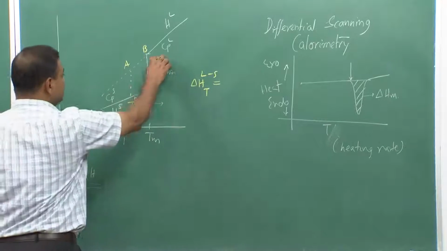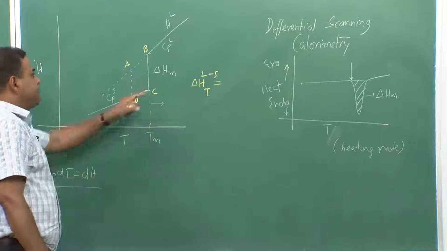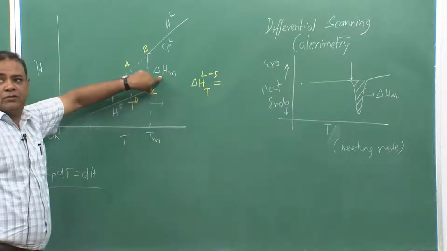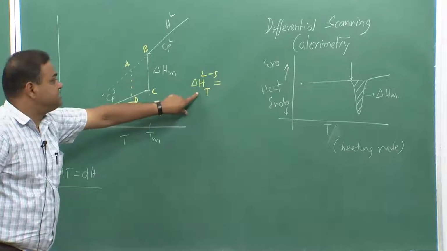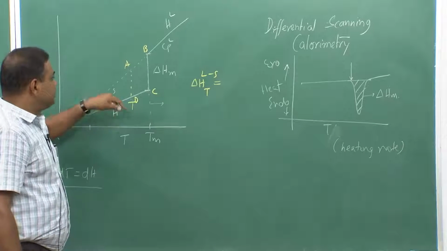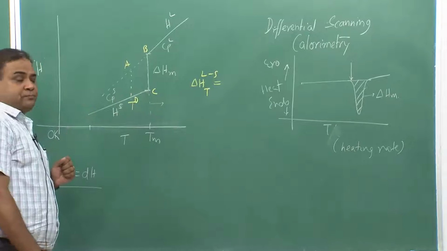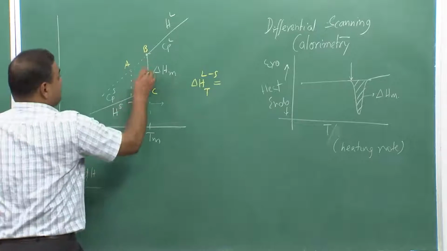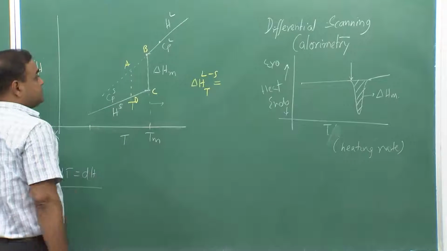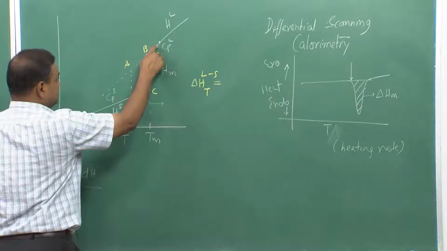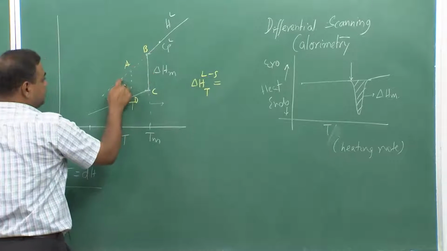Fine. So, this is a DSC graph, we can easily calculate this. Now, since we know this value, can we make use of this particular value while calculating del H T for liquid to solid transformation at any temperature below Tm? So, from this point if we start, it will be all liquid, and then gradually it is following this path.